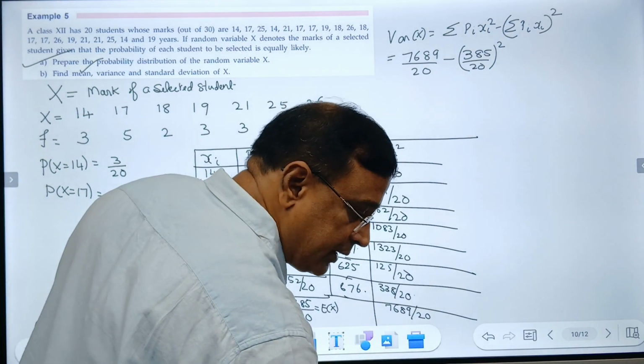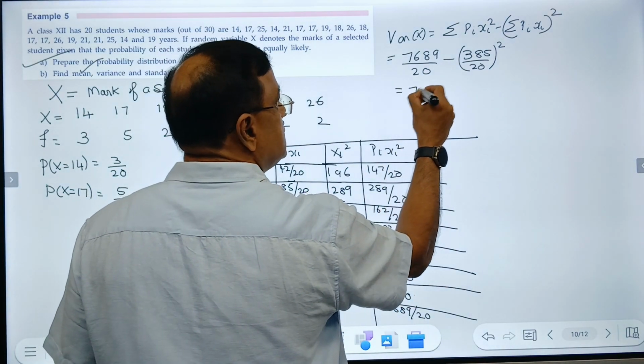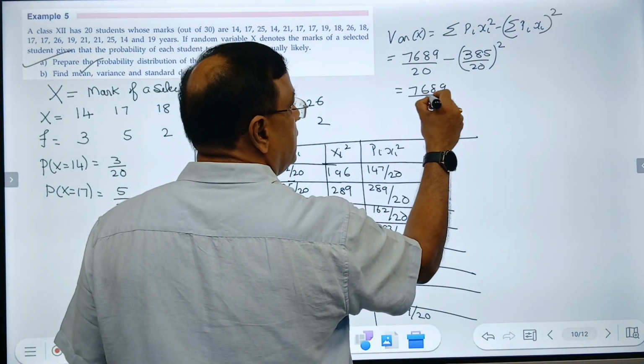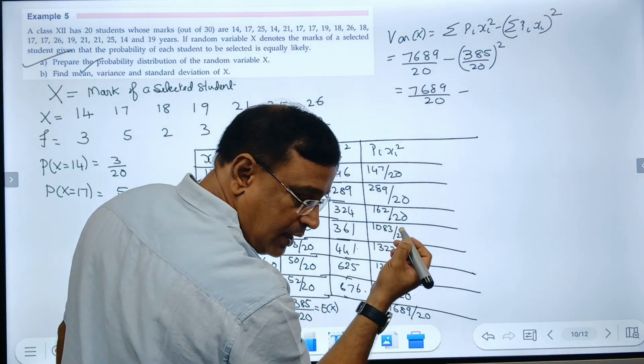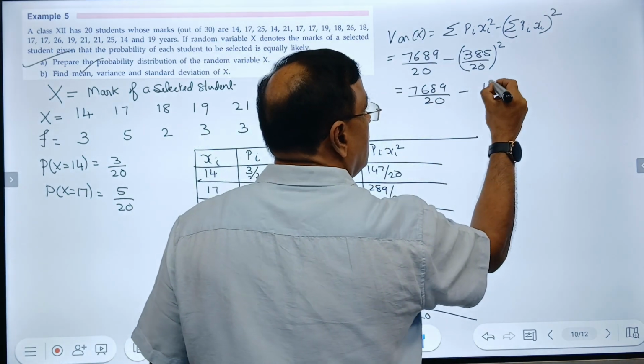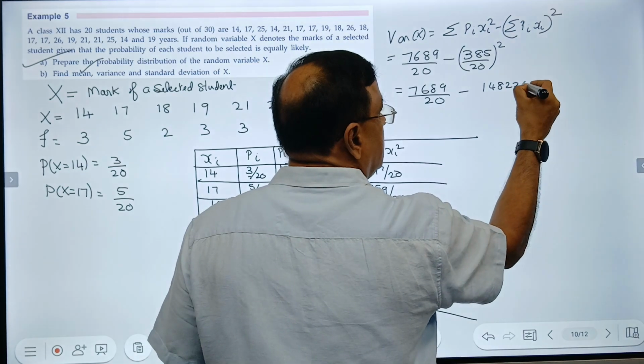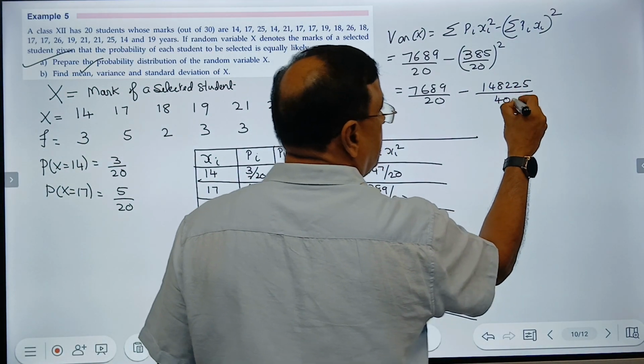If I expand this, I get 148,225 divided by 400.